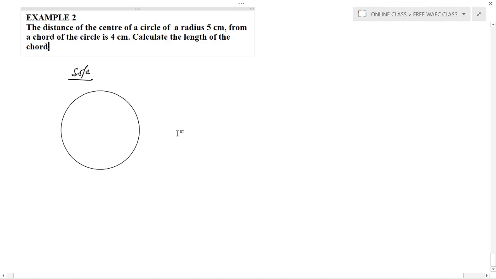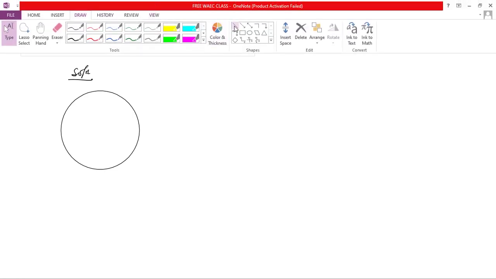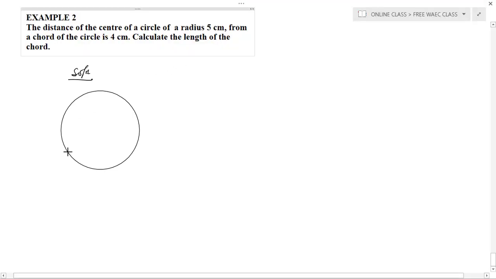Okay, let's go there. So let's pick our chord. This is the chord. Now, according to the question, if here is the center, this angle is 90 degrees, 5 centimeters is the radius.